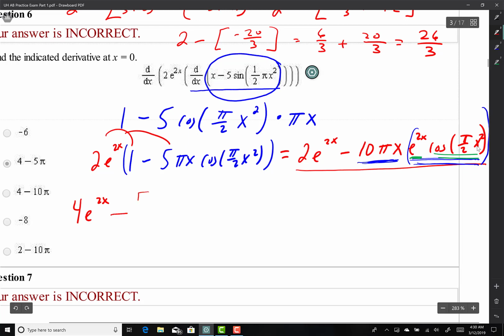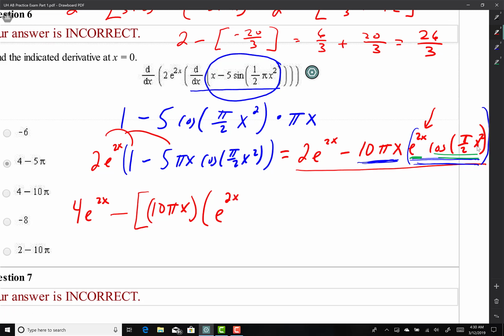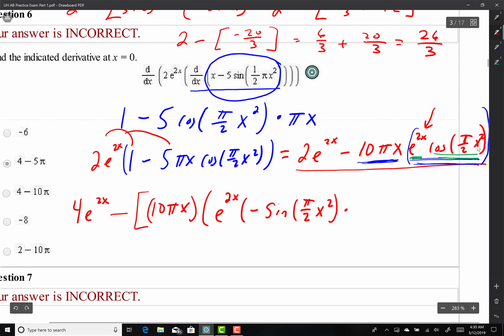So I'm going to write minus first, 10 pi x, times derivative of the second. And I'm going to count this as the first again. So I'm going to go first, e to the 2x, times derivative of the second, so I'm going to write negative sine pi over 2 x squared times pi x, plus second, cosine pi over 2 x squared, times derivative of the first.